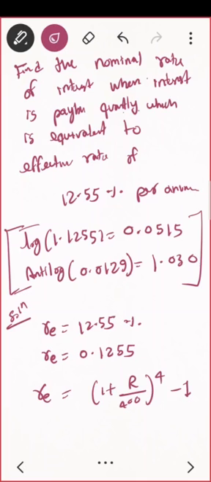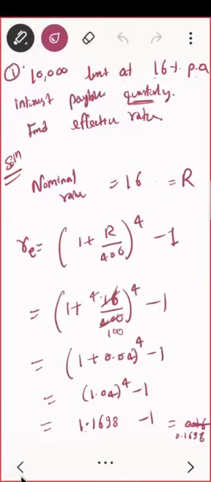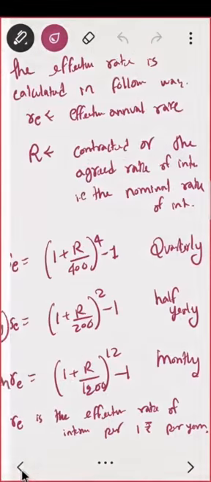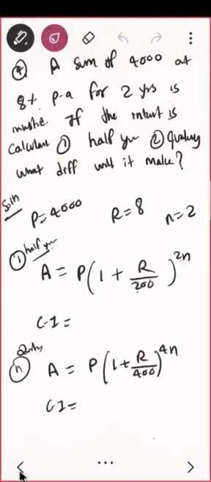Correct? And you remember one thing, compound interest is always calculated on effective interest. You can directly calculate compound interest by putting the original quarterly, monthly rate, because we gave this table. So you have two methods here.